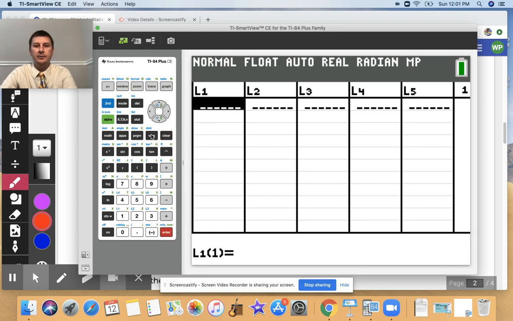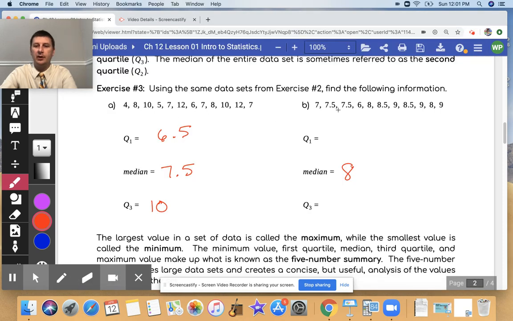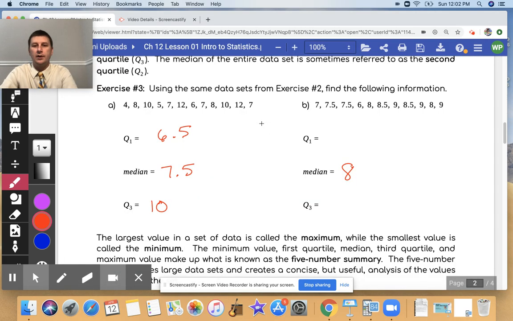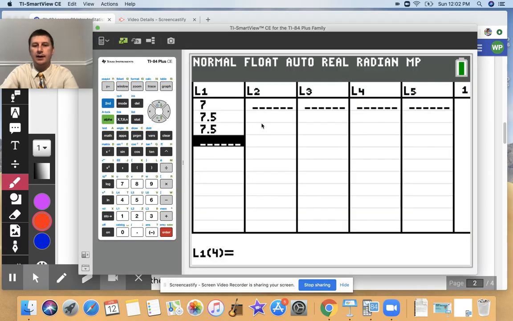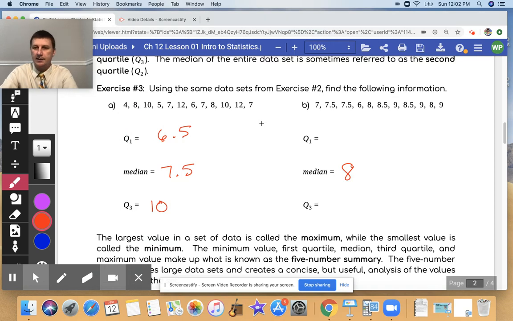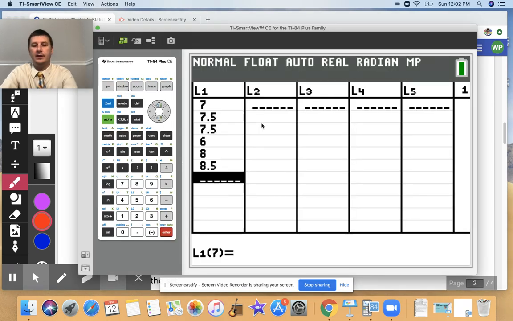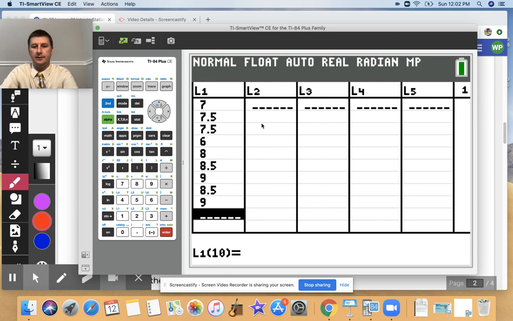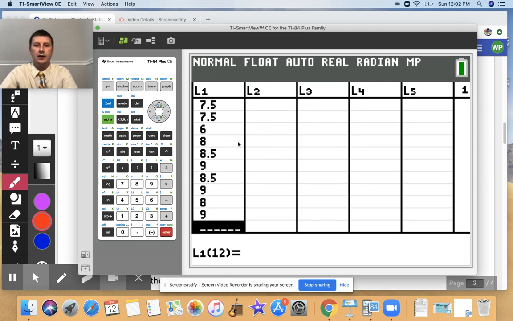And we're going to re-input our data values from part B: 7, 7.5, 6, 8, 8.5, 9, 8.5, 9, and then we have 2 more, 8 and 9. And this time, remember, we only had 11 data points there, so we're on line 12, which is right.